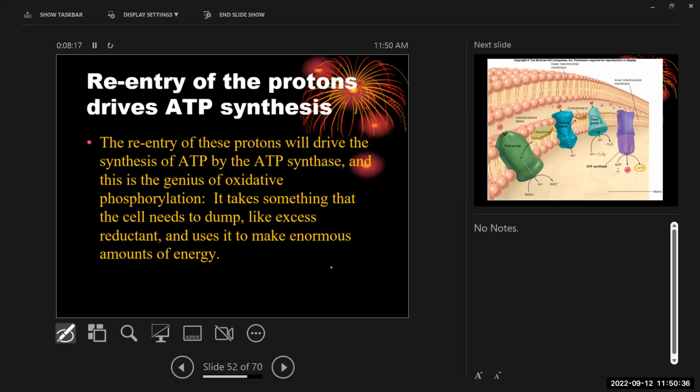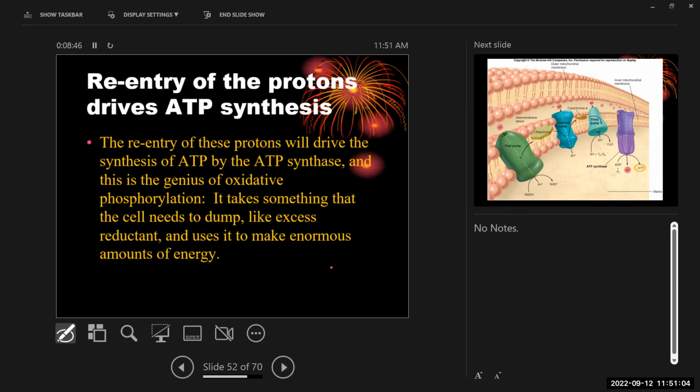So you make about 2.5 ATP per NADH, and you make about 1.5 ATP per reduced flavin. And with 10 NADHs, sorry, that's 25 ATP you make right there. You have 2 reduced flavins, you make 1.5 each, that's 3.